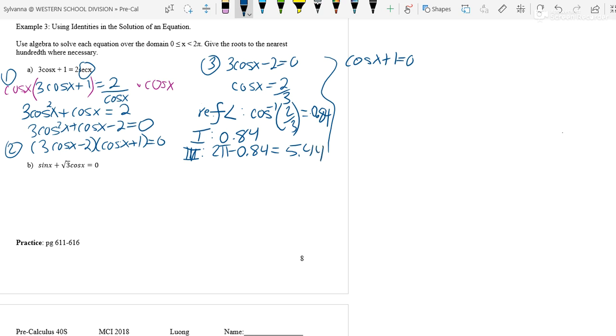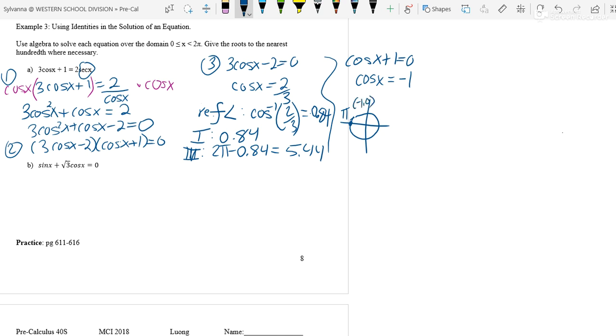So those are the two solutions so far on that one end, and now to calculate cos x plus 1 equals 0, I want to isolate my cos x. I'll move the plus 1 to the other side, so that's negative 1. This happens at pi, because our point here is negative 1, 0.